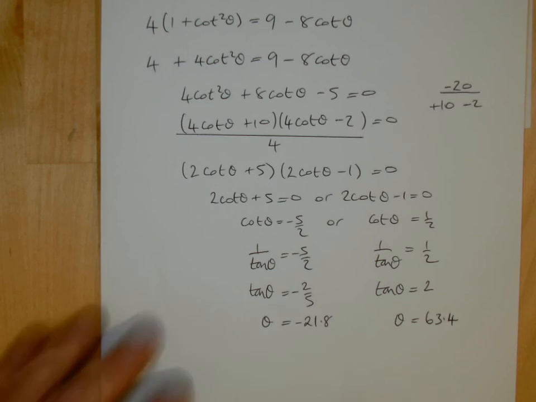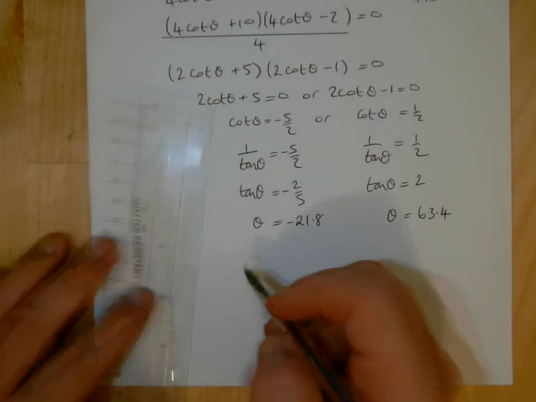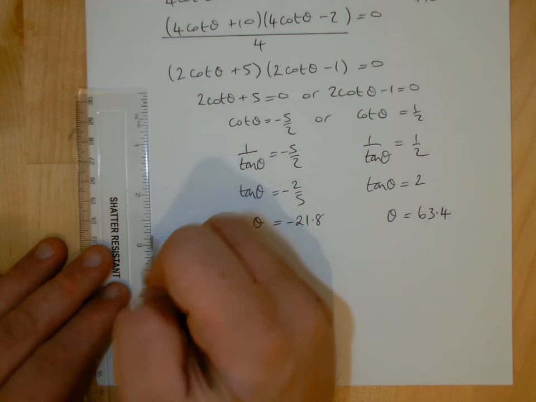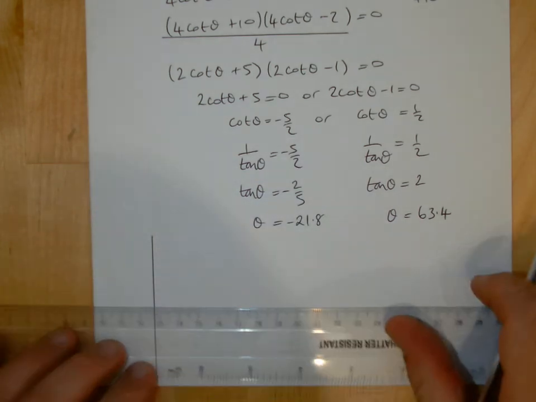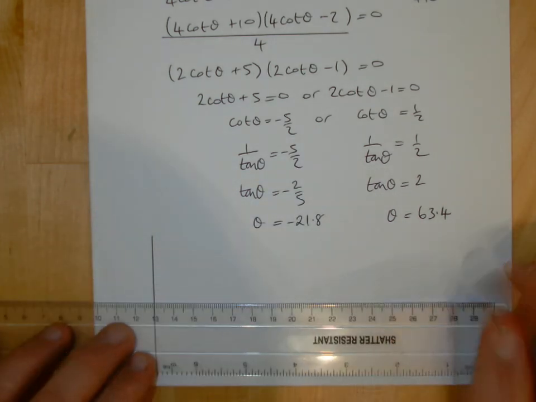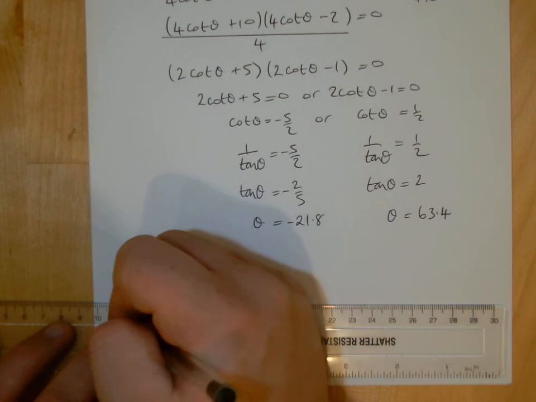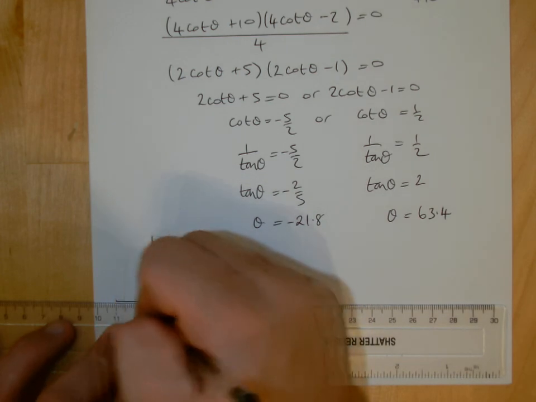Okay, so we need to draw our tan graph. So we need to go to minus 90 again. First I'll do 2 centimeters this time to represent 90.